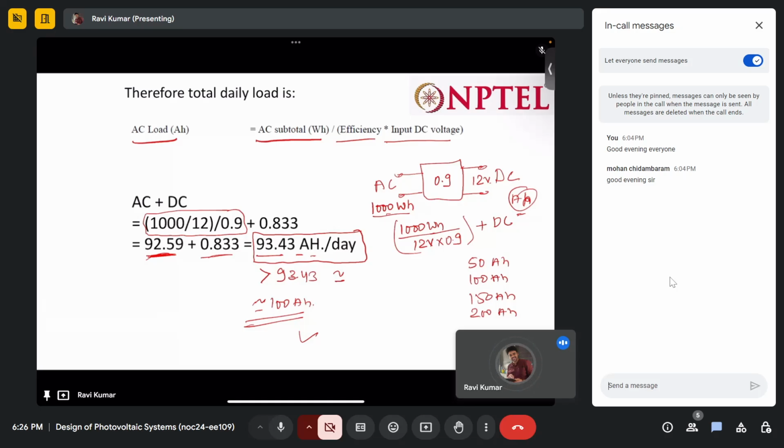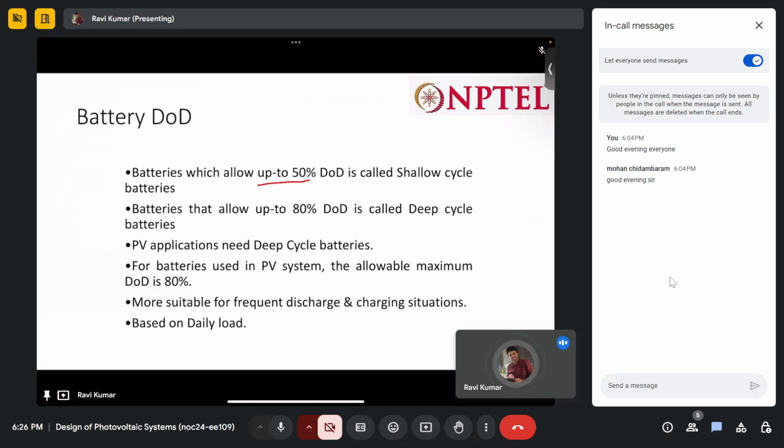But before selection of a battery, there are a few things like DOD, that is how much depth of discharge it can take. A battery which allows up to 50% DOD is called a shallow cycle battery because it is giving only 50% of its capacity, and those with 80% DOD are called deep cycle batteries because they give more, like 80% of the capacity.